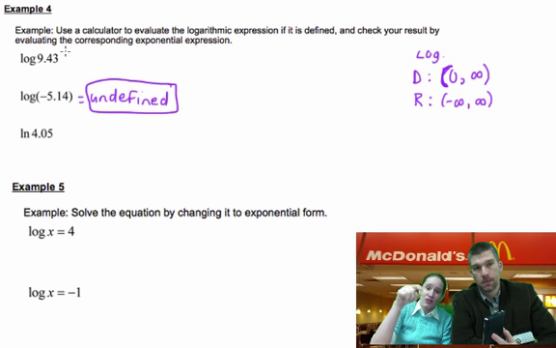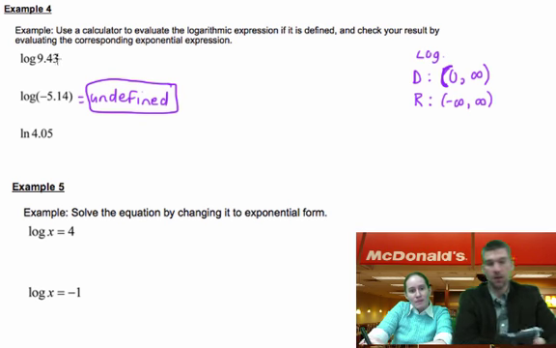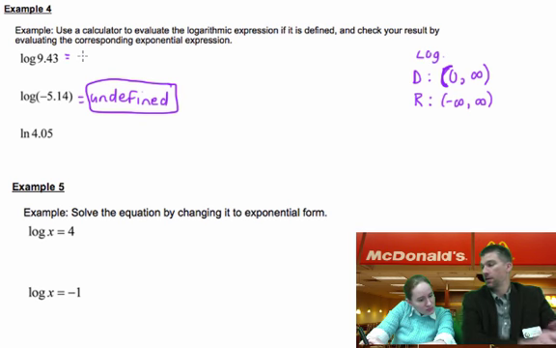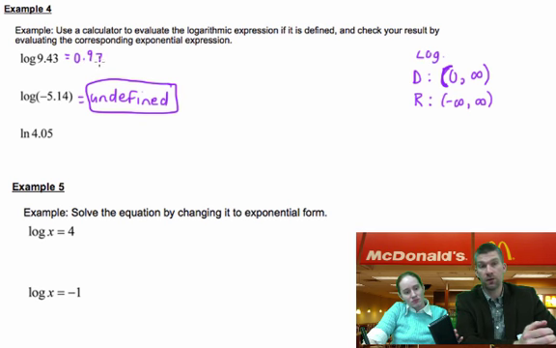Anyway, log of 9.43. There's a button on your calculator that says LOG. That's the button we want. So log of 9.43. Because this is log base 10, when you punch it in your calculator, it's log base 10. Now, if you've got a fancy calculator, it will give you a logarithm template that you can fill in. Depending on if you have Inspire or if you're using the most current version of the 84, it might ask you to put a number in for the base.